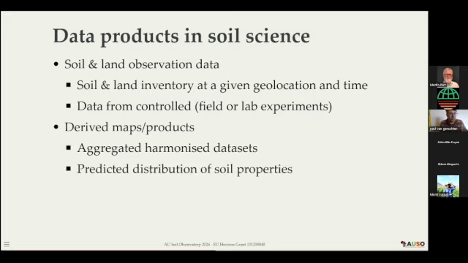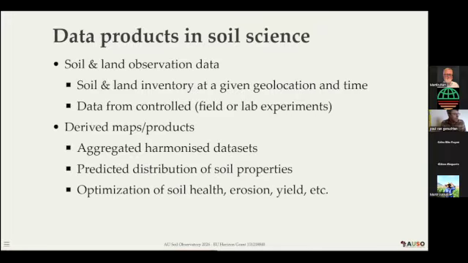We have predicted distribution of soil properties. Of course, we measure at point A and point B. We never know what's in between unless we predict it with some statistical or machine learning algorithm. And we have optimizations of soil health, erosion, yield, etc., prediction data.